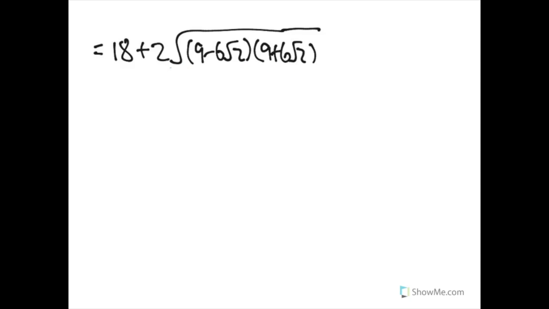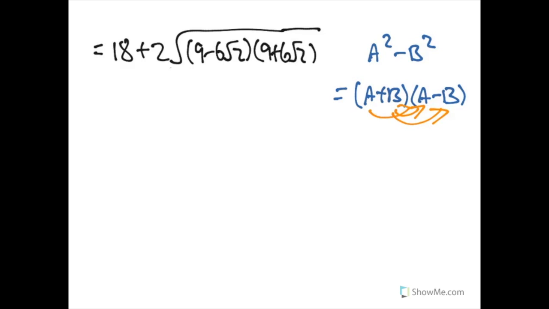So let's see. The natural thing to do is just to multiply everything out. You might recognize this as a difference of squares, a formula where a squared minus b squared is equal to a plus b times a minus b. Again, you can prove this by simply using FOIL to multiply these factors out.